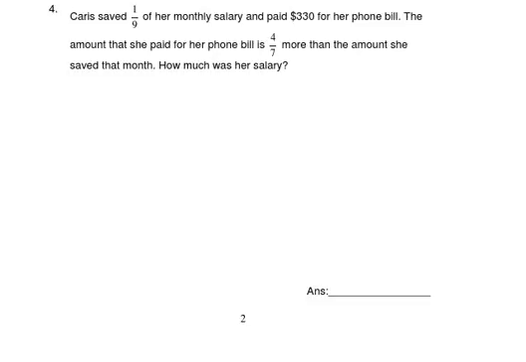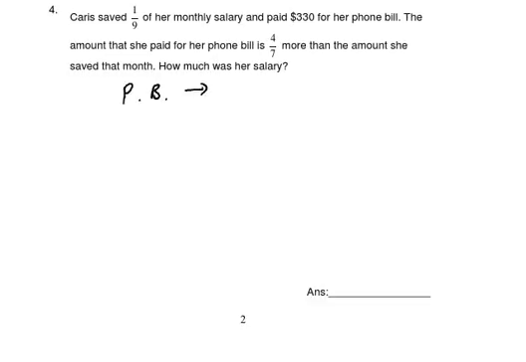So for the phone bill, it's actually 1 whole plus 4/7. Correct? Yes or no? Yes? No, I'm talking about phone bill now. Anyone has any questions so far? Yes, Amish?